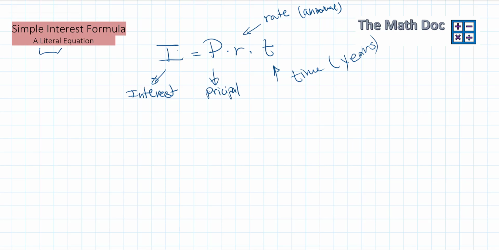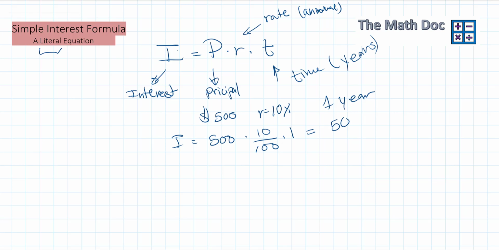Okay, so if we put in a principal of $500 and our rate is 10% and we wait 1 year, we will make an interest of 500 times 10%, which is just 10 divided by 100, times 1, which is equal to $50.